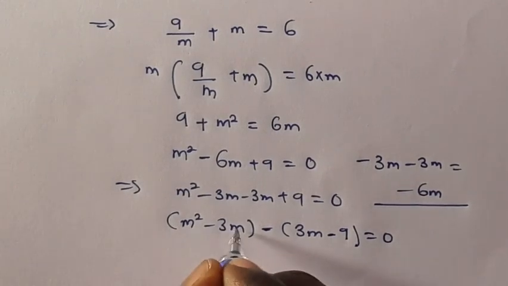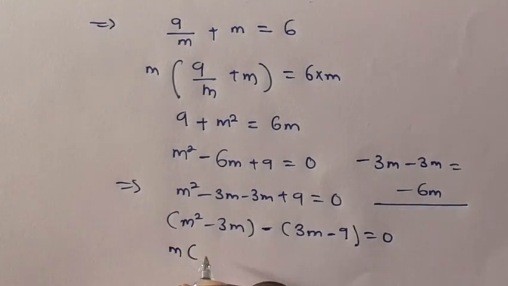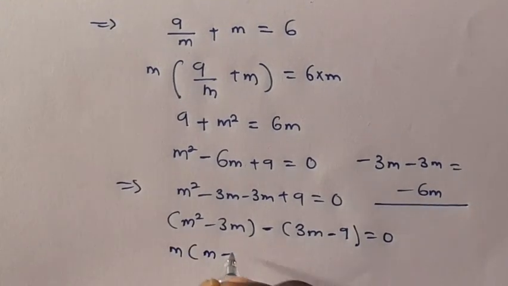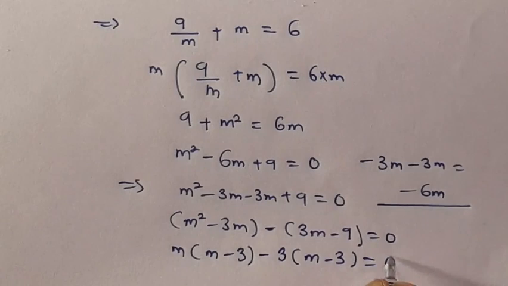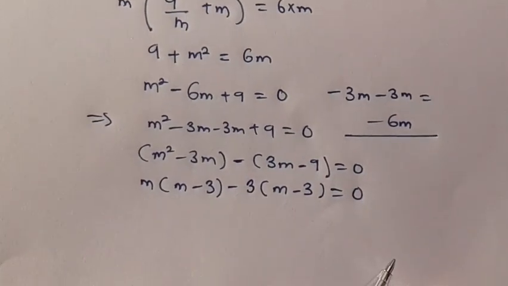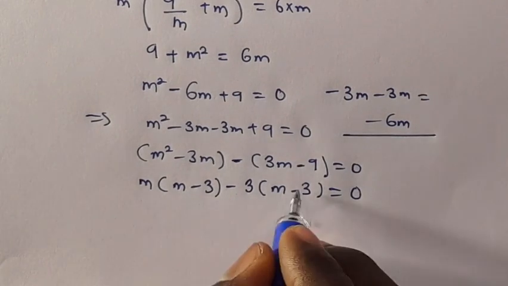Now what is common here is m, so we can factor this out to be m into m minus 3. Then what is common here is 3, and we can factor it out to be minus 3 into m minus 3 equals 0. So from here we have m minus 3 as common.